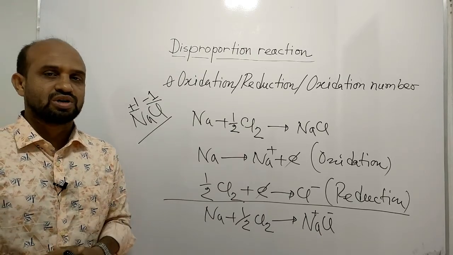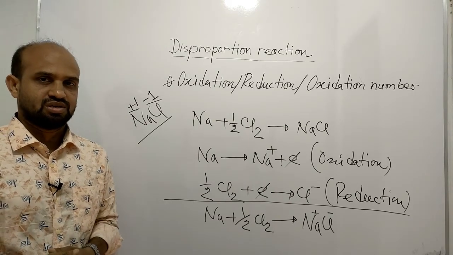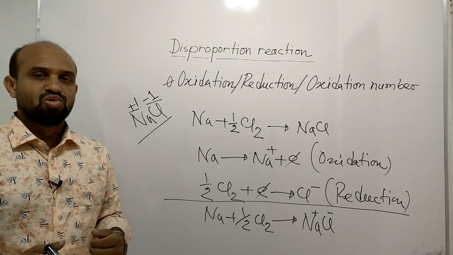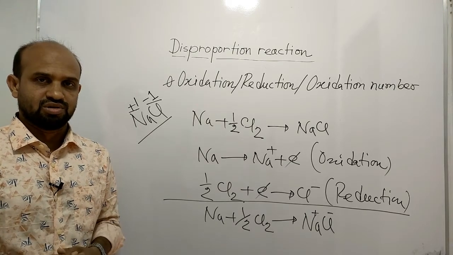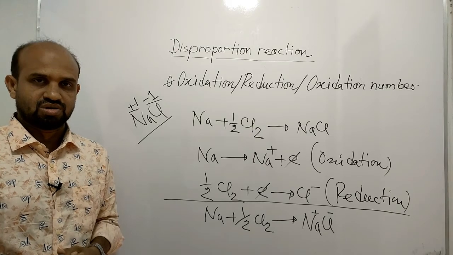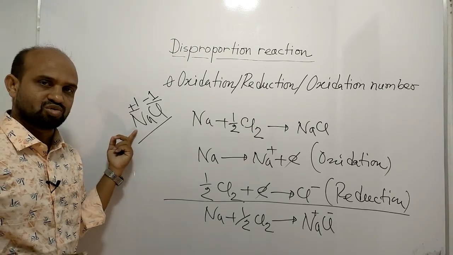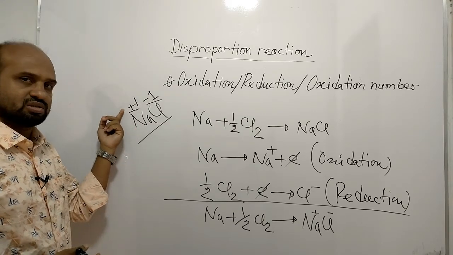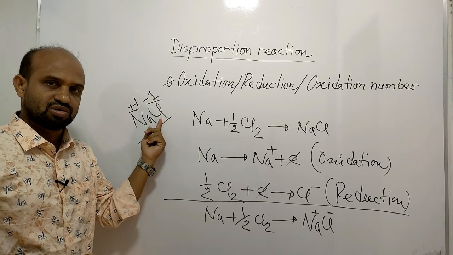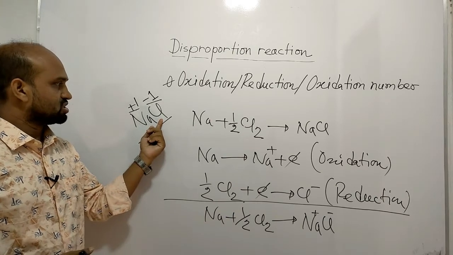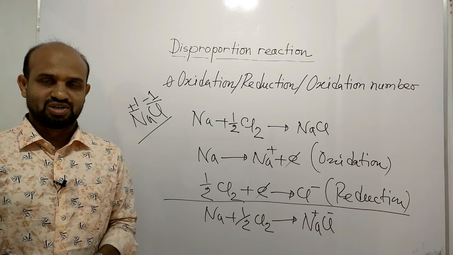The number of electrons donated or accepted by one atom of any element in a molecule is called oxidation number. In this molecule, sodium donates one electron, so its oxidation number is +1, and chlorine accepts one electron, that's why its oxidation number is -1. Let's move on to the next point.